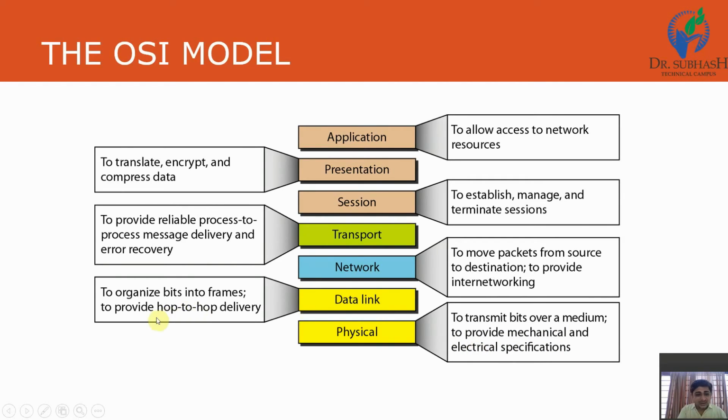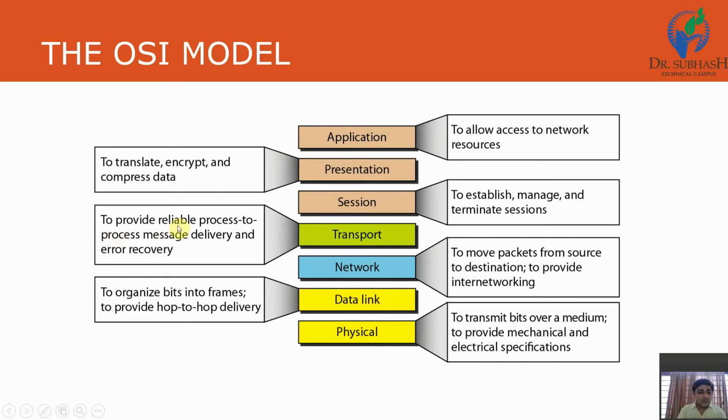The data link layer organizes bits into frames. It provides hop to hop delivery. Hop to hop means station to station, node to node delivery. The network layer moves packets from source to destination and provides internetworking and routing algorithms.